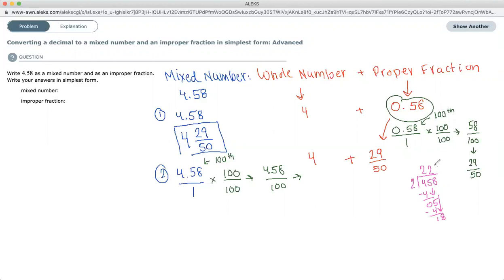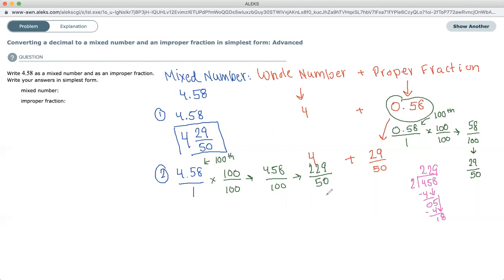And 2 goes into 18 9 times. So if I divide both numerator and denominator by 2, I get 229 in the numerator, and I get 50 in the denominator.